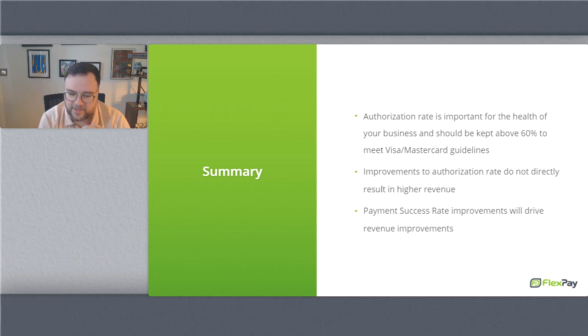Another takeaway here is that improvements to the authorization rates will not directly impact the revenue of your business, and it may actually, in the short term, generate less revenue for you. But in the long term, by bringing that authorization rate up, you will be able to have higher revenue overall because your merchant accounts will be healthier, and you'll ultimately be able to approve more transactions long term.